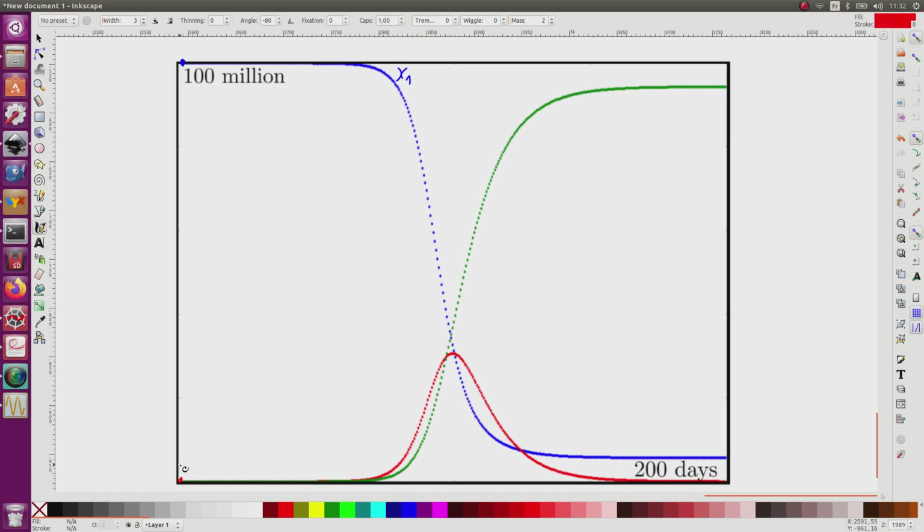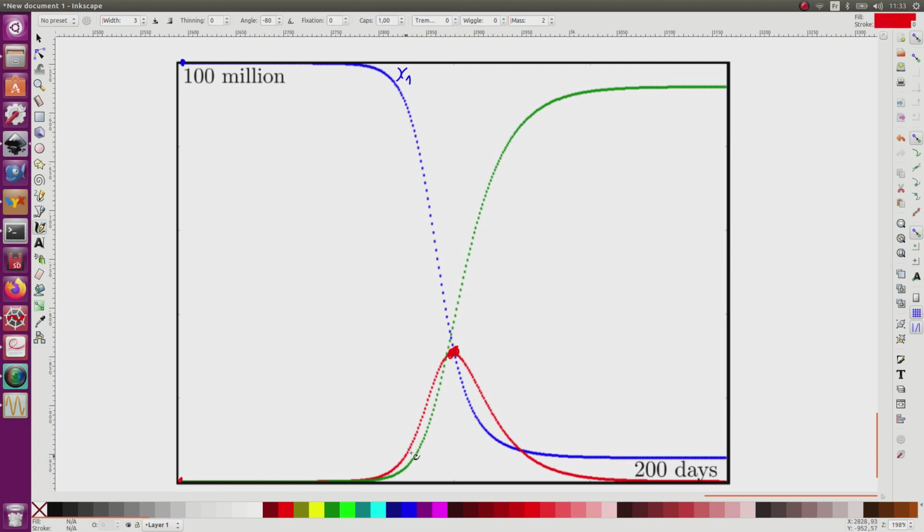Now it takes time, but after a while, so here it corresponds to, let's say, 80 days, we can see that the number of infected people starts to be significant. And from the simulation, I can see here that I have a peak.